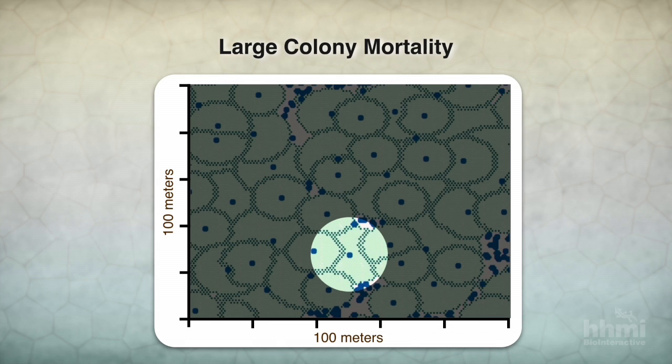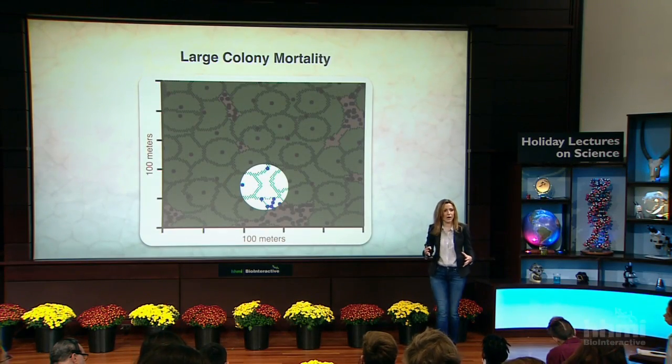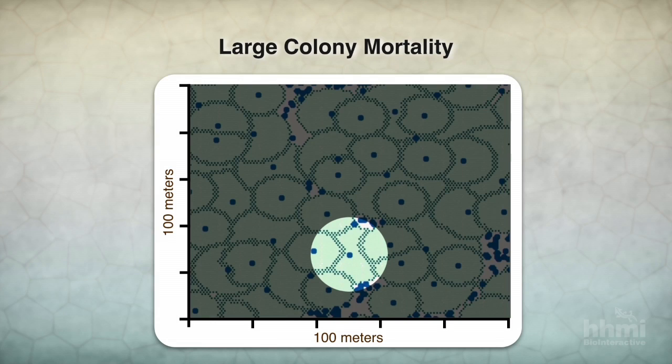But even large colonies are not going to live forever. Nothing really lives forever, right? So at some point, even a very large and well-established colony might die. That might be in about 50, 60 years. These are very long-lived, but it will eventually die. When it dies, it gets replaced by smaller colonies that then fight it out for a little while, and then one of them will manage to take over and fill out that empty space.